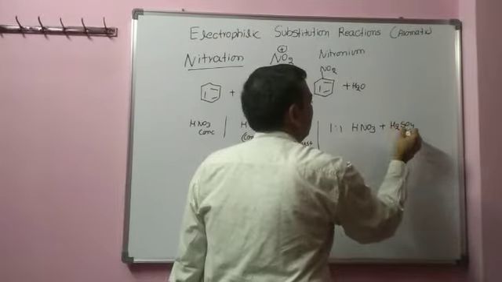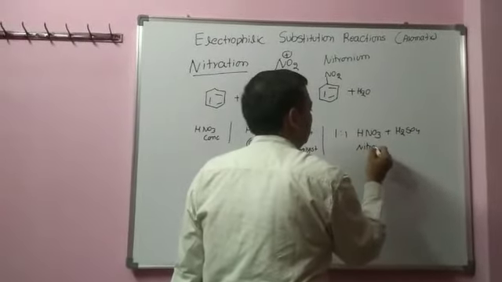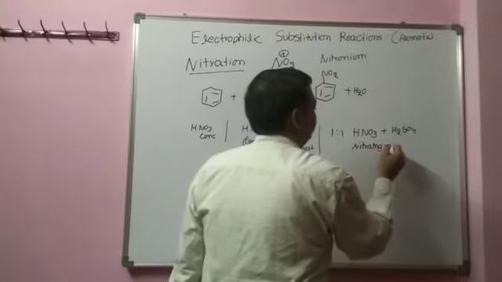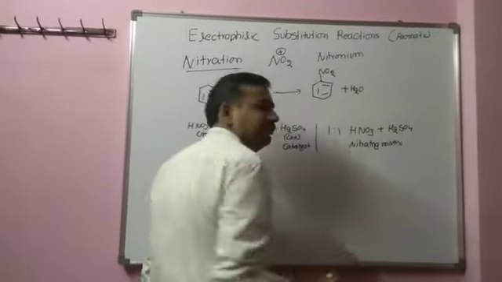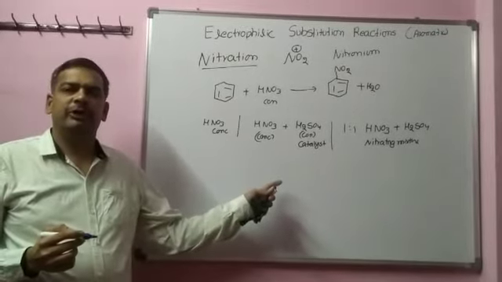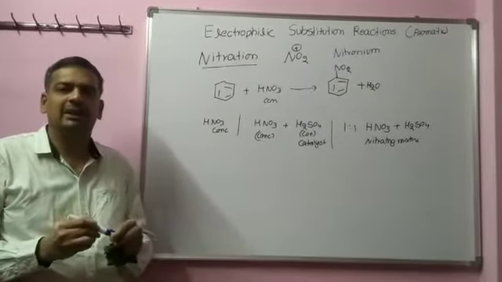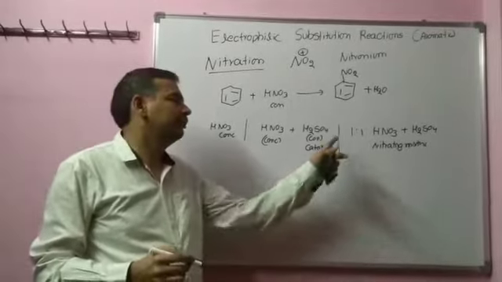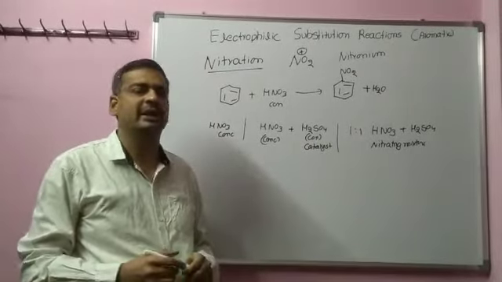This is called a nitrating mixture. We can use any of the three: concentrated HNO3, concentrated HNO3 with a catalytic amount of sulfuric acid, or a 1:1 mixture of nitric acid and sulfuric acid.